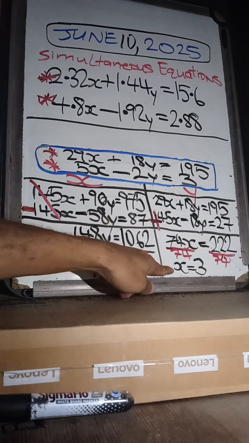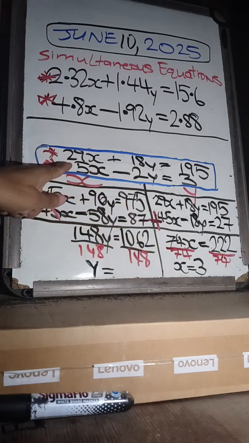Because when I put x in here, I get 15. If I minus 15 from both sides, I get minus 2y equal minus 12, which would give me y equal 6. So yeah, I'm kind of thrown off by that. Why would that happen there? Alright, let me go again. 195 minus 87, you have 108.